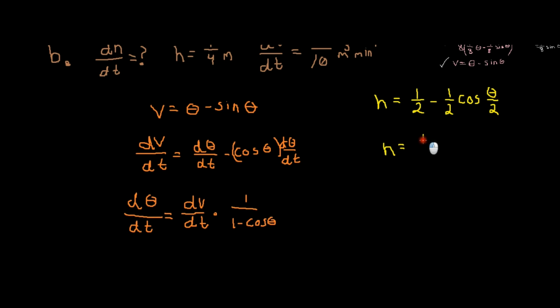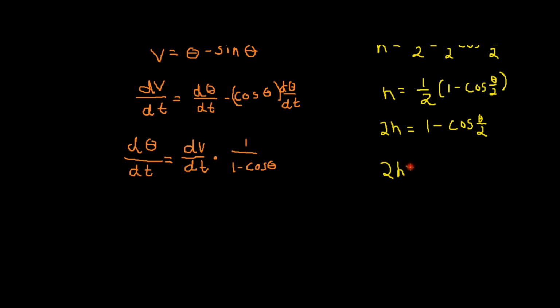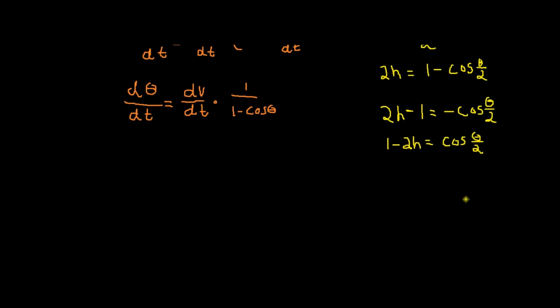So h is equal to 1/2 times 1 minus cosine theta over 2. 2h is equal to 1 minus cosine theta over 2. 2h minus 1 is equal to negative cosine theta over 2. 1 minus 2h is equal to cosine theta over 2. Then we find the arc cosine of both sides.